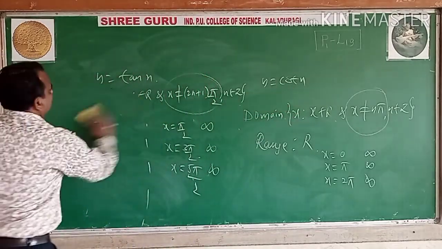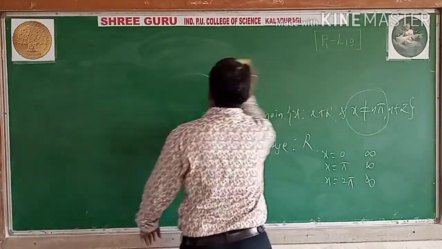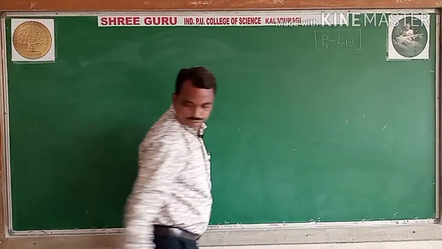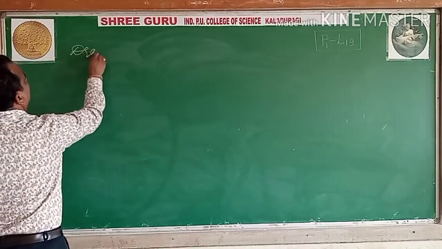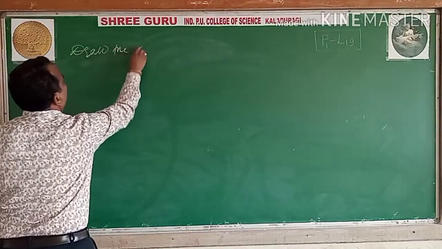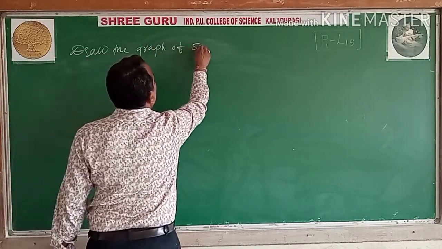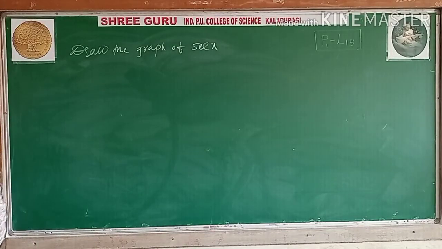Now see the secant x also, secant x and cosecant x. Let us see the secant x and cosecant x, students. Draw the graph of secant x, sec x. Draw the graph of secant x. Now see, students.